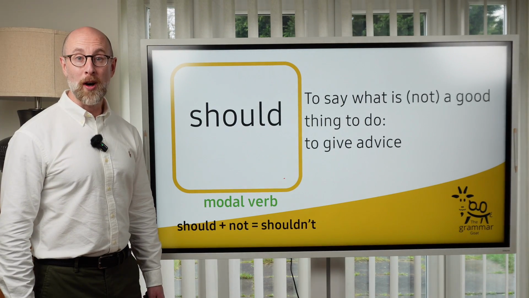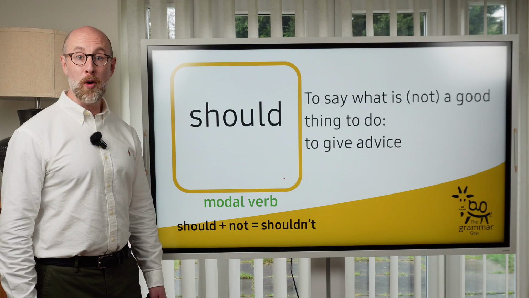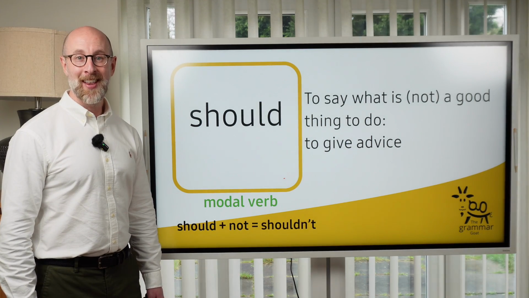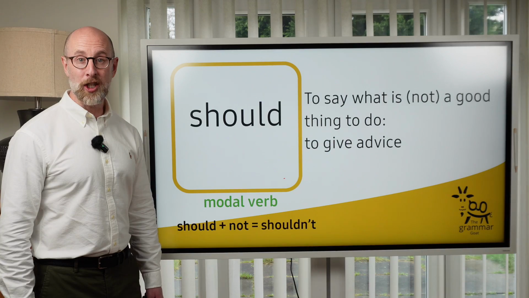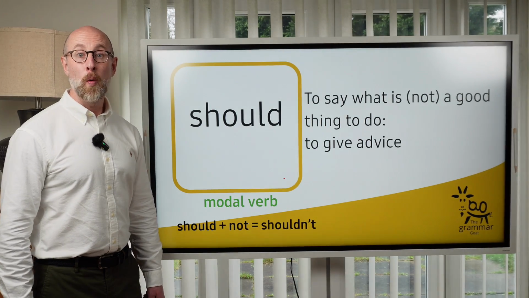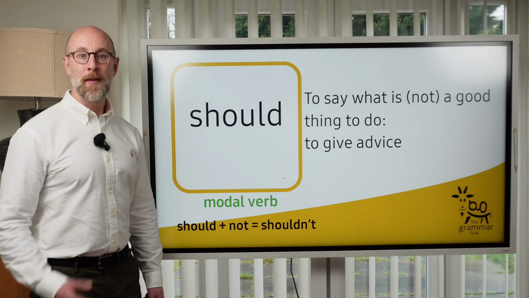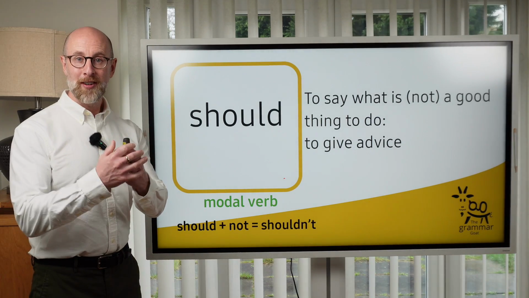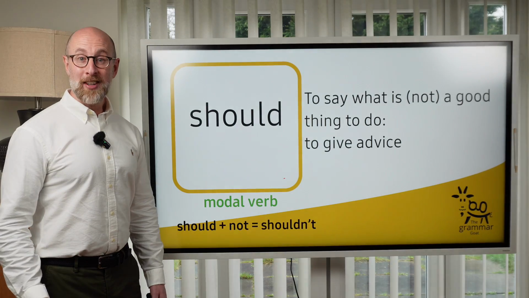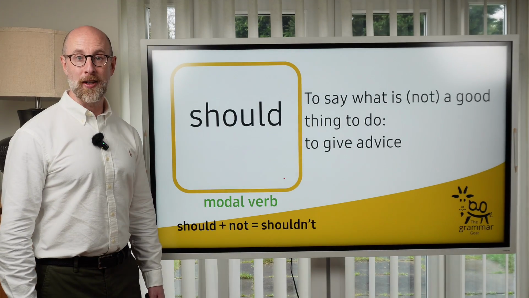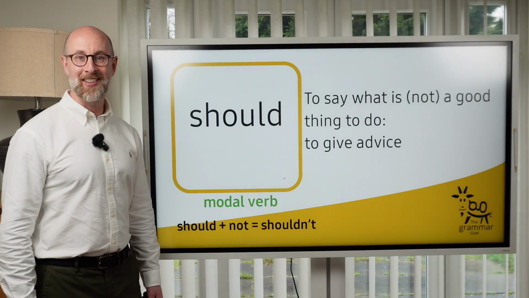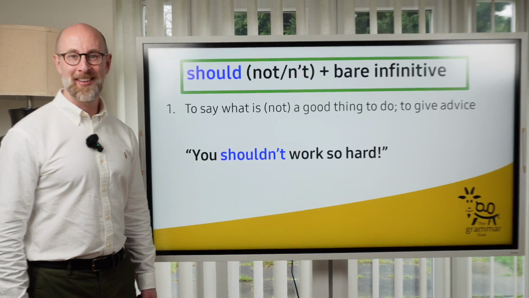I'm going to talk a little bit more about modal verbs later in the video. Remember the contraction as well. To make a negative sentence, we can add not. Should not, shouldn't.